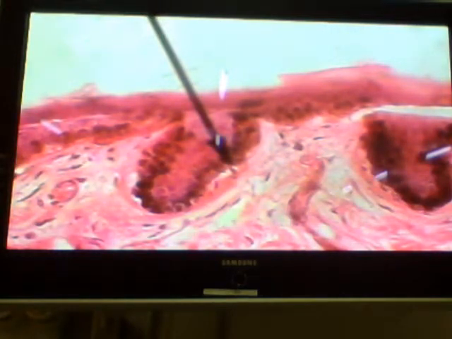And what are those layers? Immediately above the germinativum, what do we have?